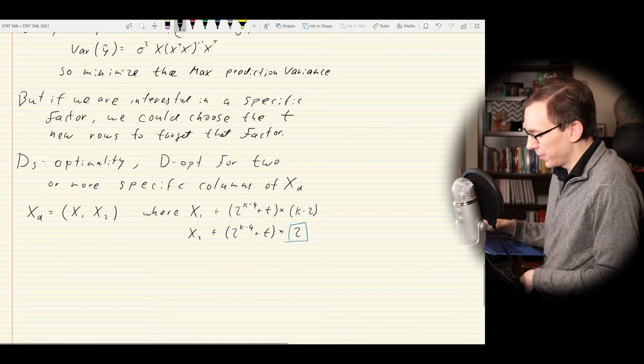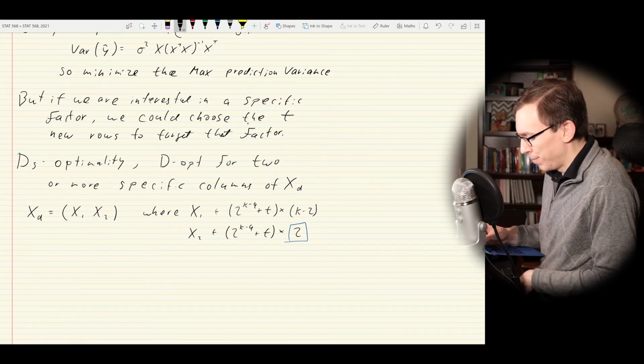Well, first, what we can do is consider block matrix multiplication, which is always a good time.